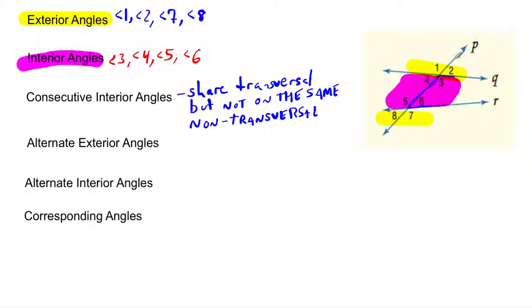If I look at this, P is the transversal, and R is the non-transversal. So 5 and 6 are not consecutive interior angles. 3 and 6 are, because 3 is on line Q, and 6 is on line R. So we're going to have angle 3 and angle 6, and we're also going to have angle 4 and angle 5. These are pairs.